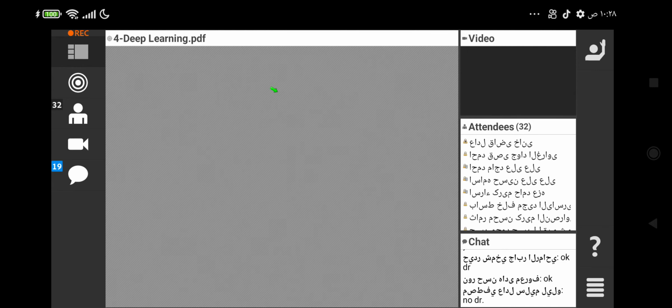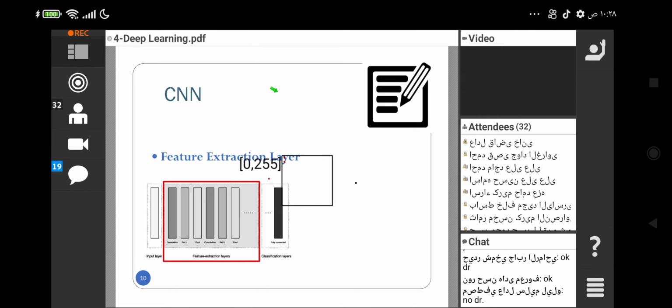Feature extraction wants to extract some information from these pixels. Instead of entering all of the pixels into the neural network, we will extract a smaller number of data from the pixels.